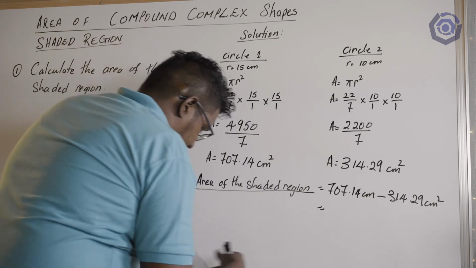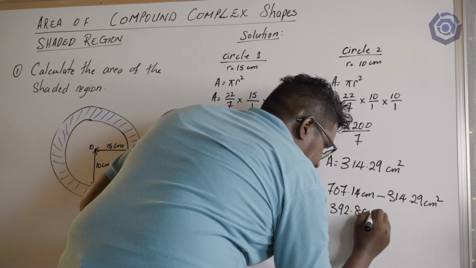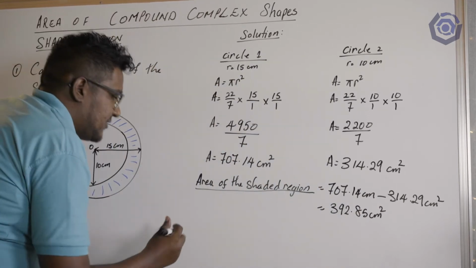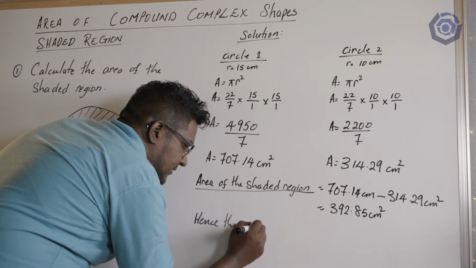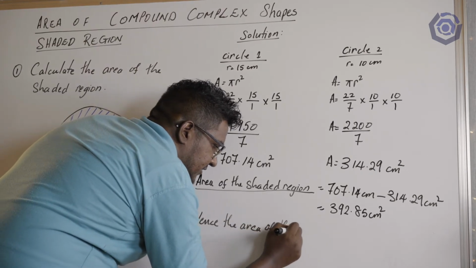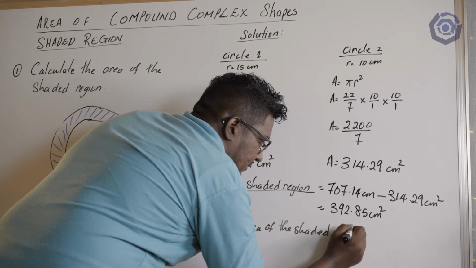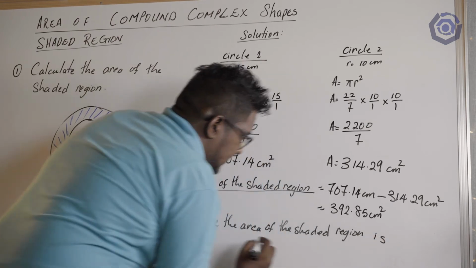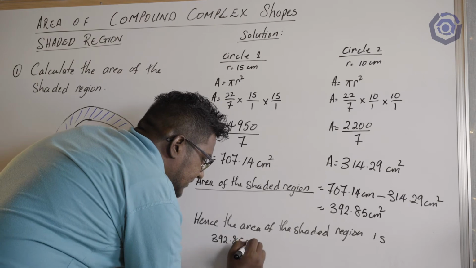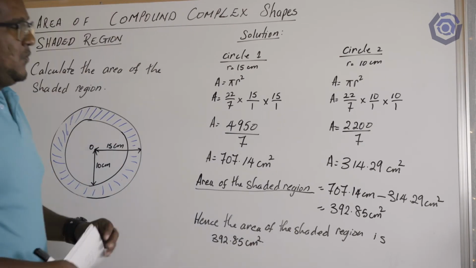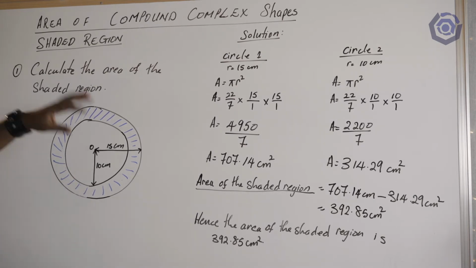And when I subtract them, I will get 392.85 cm squared. Then we make our general statement, hence the area of the shaded region is 392.85 cm squared.